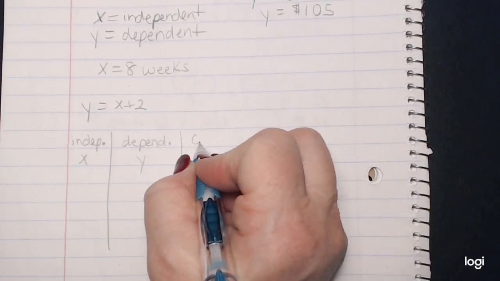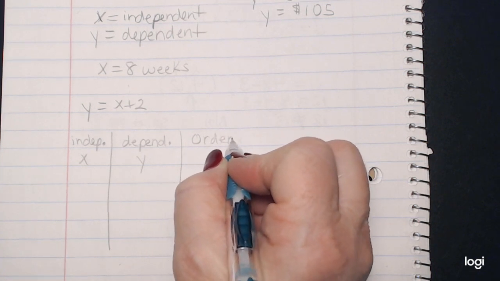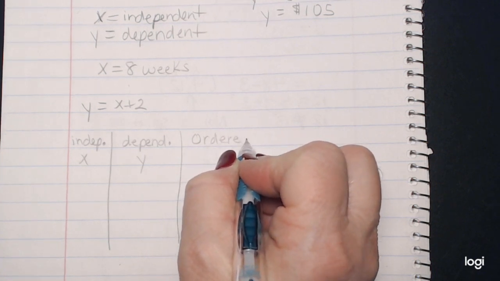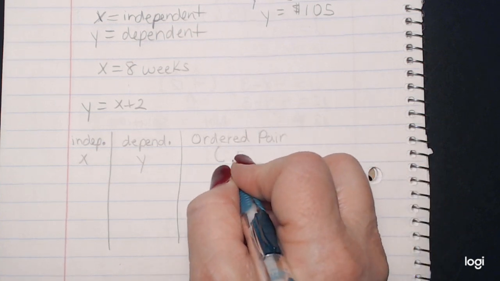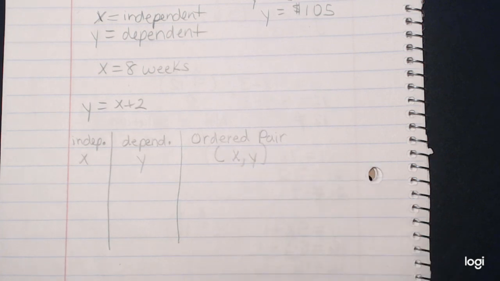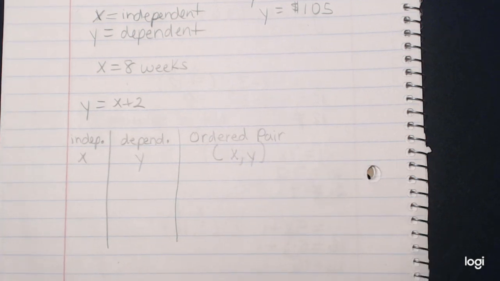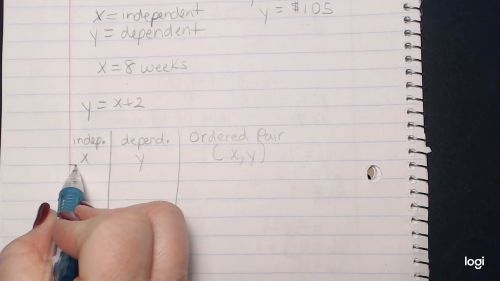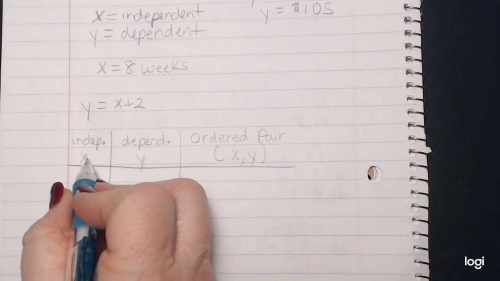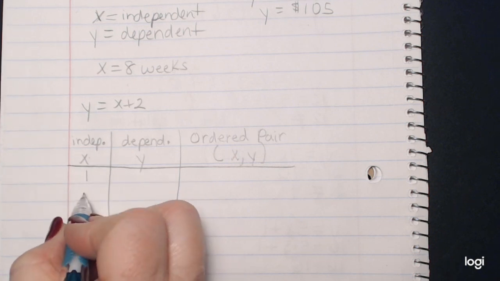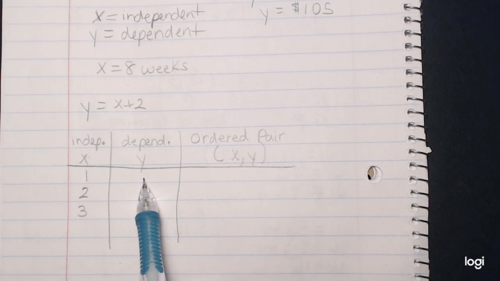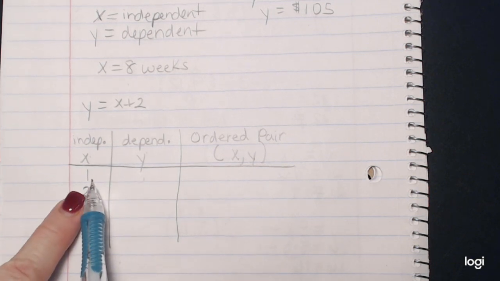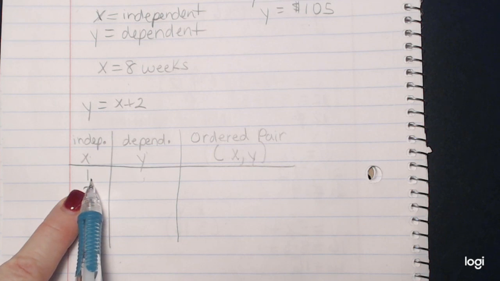And then over here, we're going to list our ordered pair. That would be considered my x and my y. So for example, if I gave you the numbers for your independent as 1, 2, and 3, we would need to solve for y. I would take this 1 and put it up here in this equation for x.